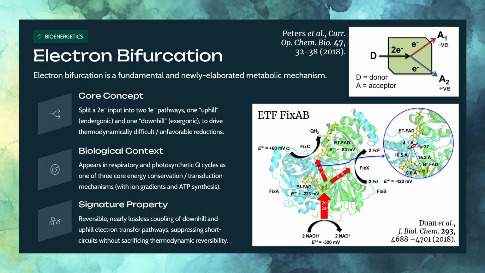Now, the signature property of electron bifurcation is that it enables reversible and nearly lossless coupling of the downhill and uphill electron transfer pathways.